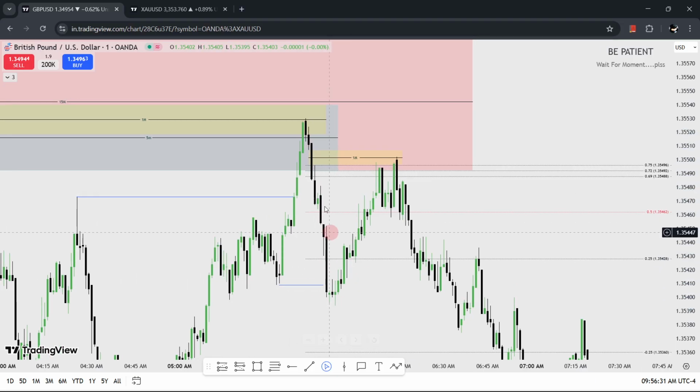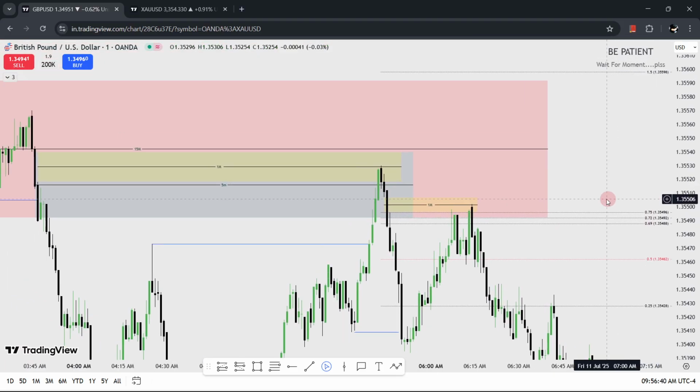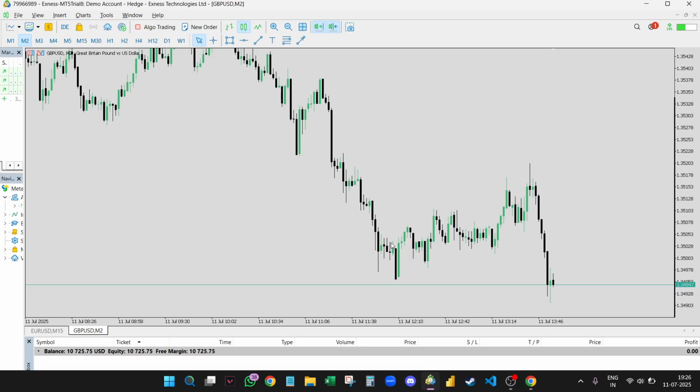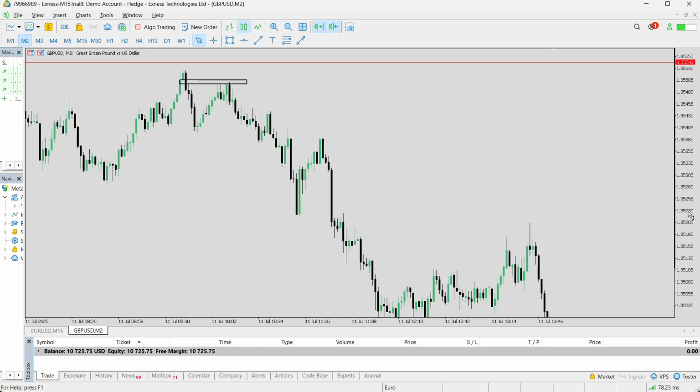So we have the golden zones up here: 0.69, 0.72, and 0.75 levels. And we have this specific 1 minute fair value gap, and there is a 2 minute fair value gap up here, which I will be showing you on 25. Okay, wait.